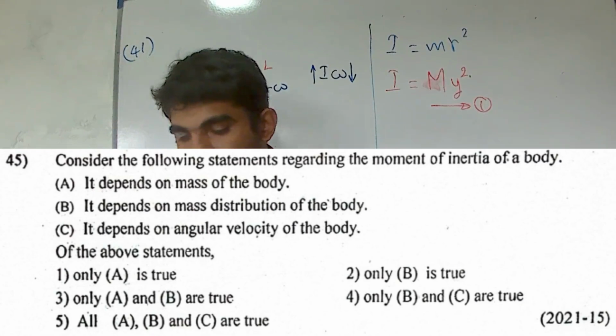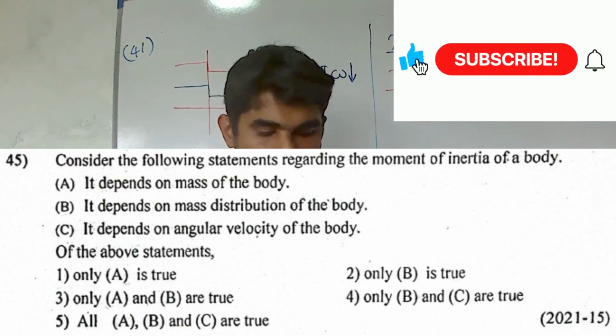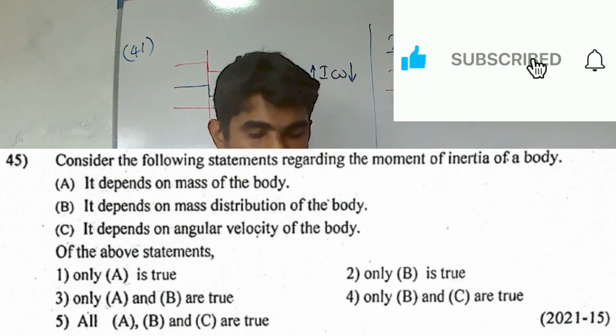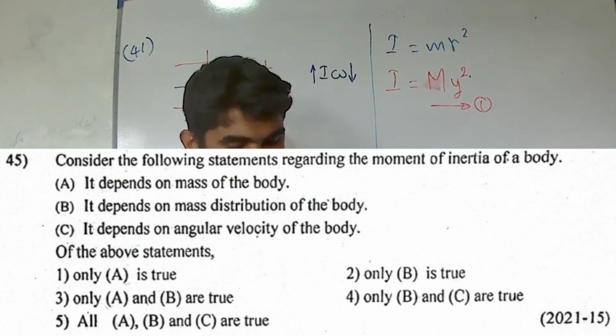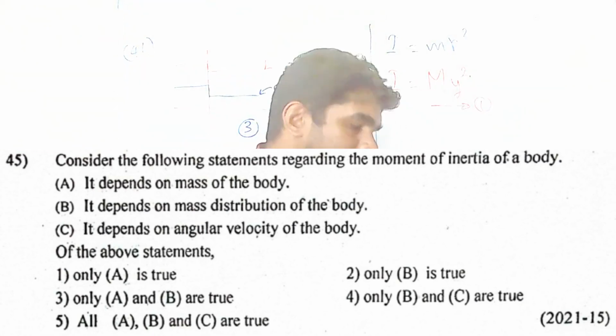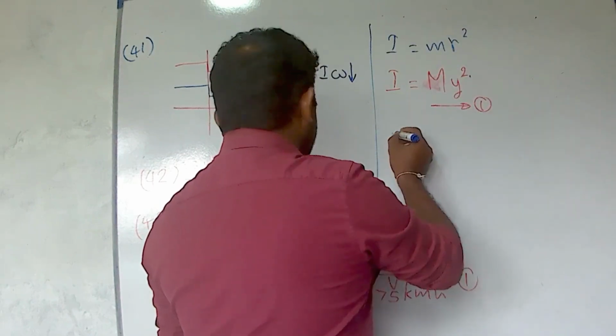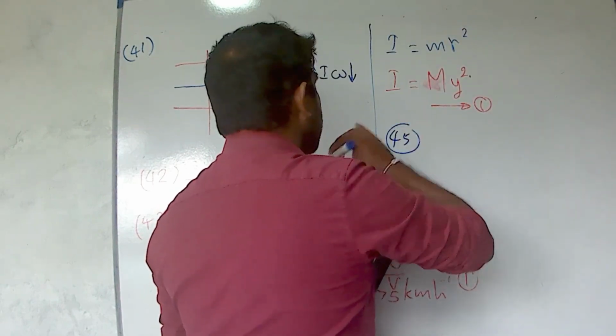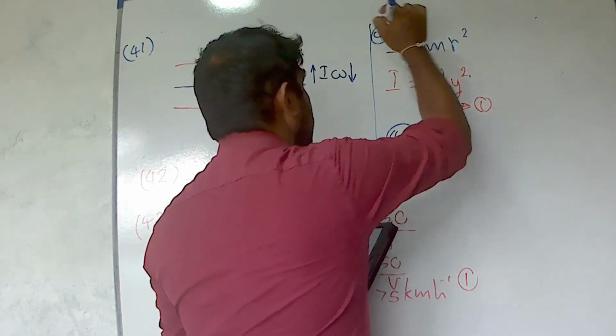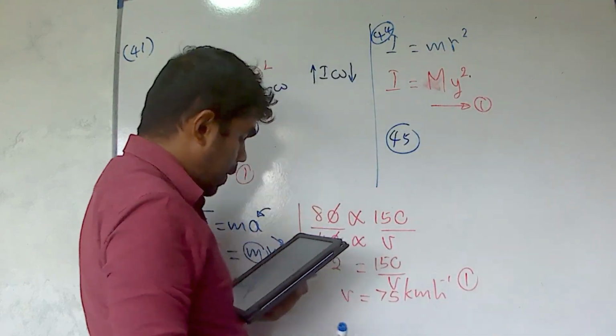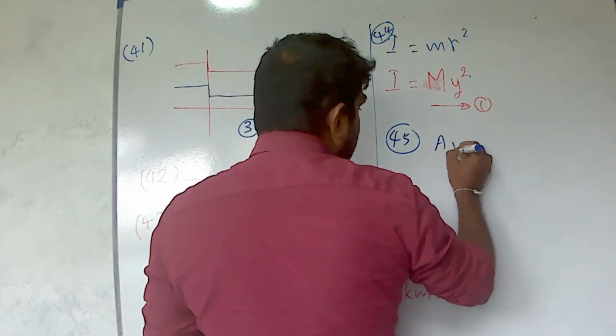Then question number 45. Consider the following statements regarding the moment of inertia of a body. Part A, it depends on mass of body. Yes, we know that moment of inertia is mr squared. Then it is depending on mass. A is correct.